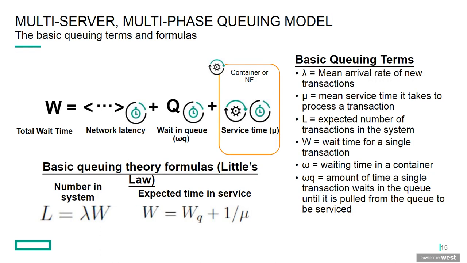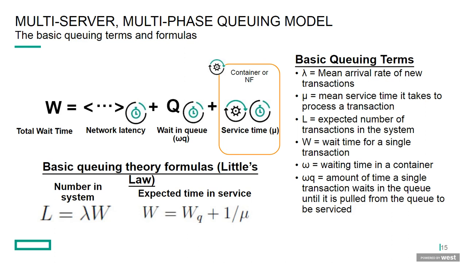So this picture here represents how the response time, or total wait time W, is calculated for a single phase queuing model, which includes the mean service time plus the wait time in the queue plus the round trip network transport latency. Basic queuing formulas from a single server, single phase queuing model provide an introduction to project the total number of transactions in the system using formulas such as Little's Law.